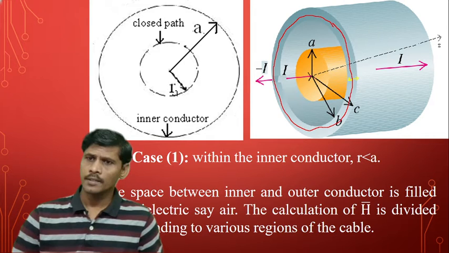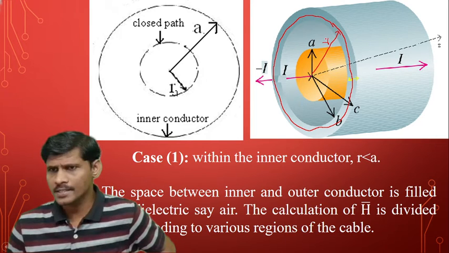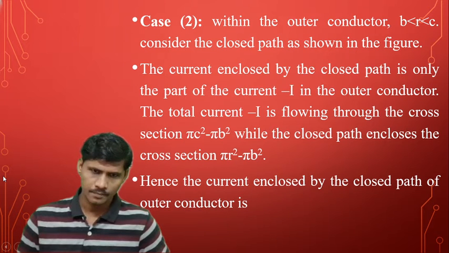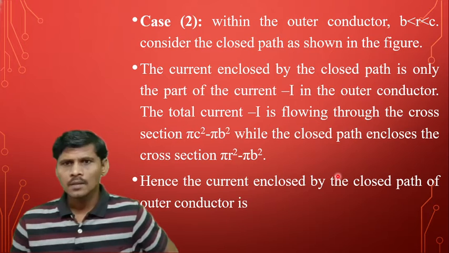Small r is the radius of the Ampere path. So what is the condition? b less than r less than c.